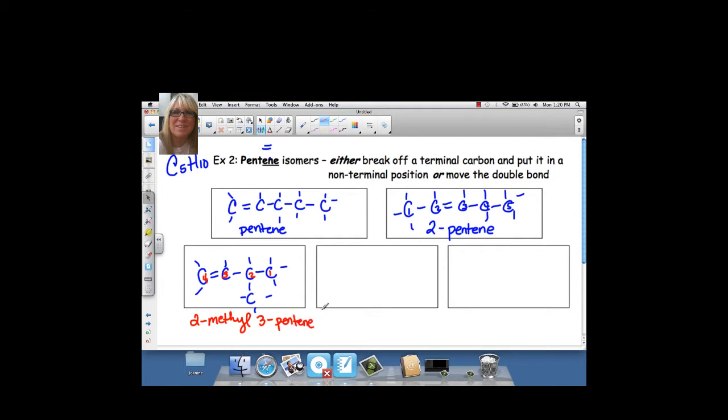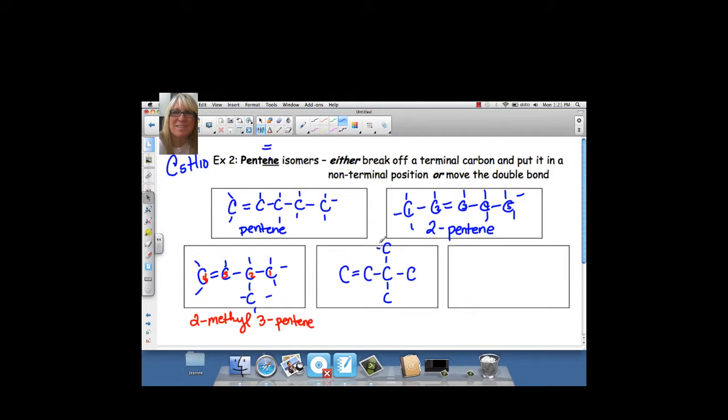Okay, I can also move another carbon, so 1, 2, 3, 4. Let's put methyl groups here and here, and we can leave the double bond here.